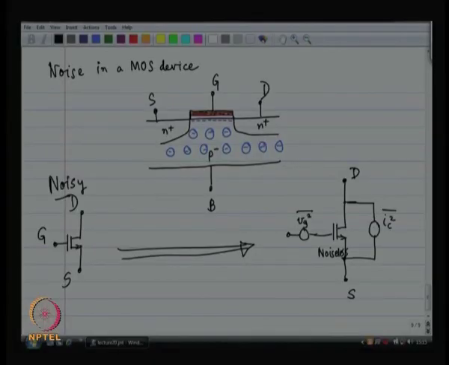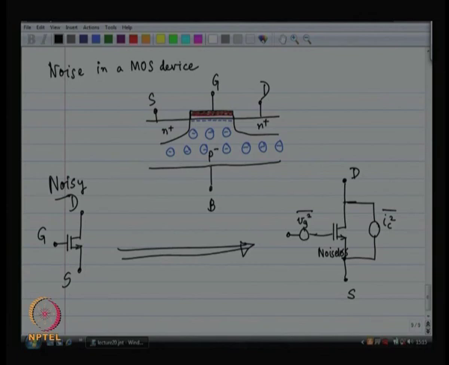All right, so this is the story as far as the MOSFET is concerned. There could potentially be more noise sources because of contact resistances of drain, source, body, etc. There could also be a noise source because of the resistance of the substrate.